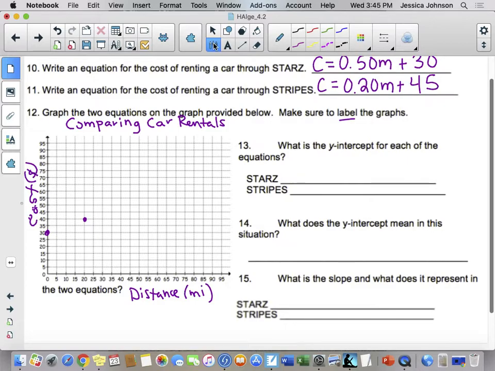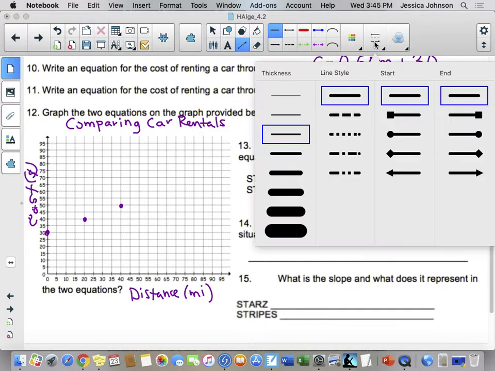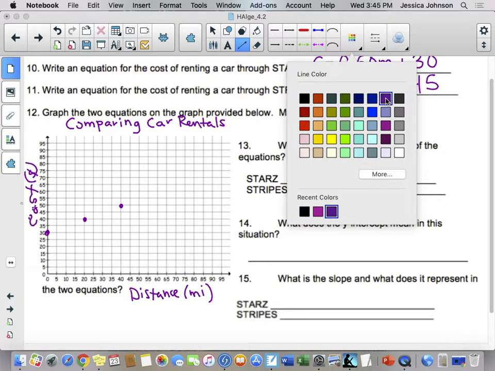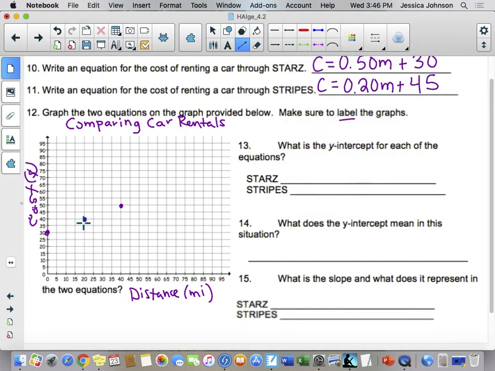If I substitute 40 in, I'm going to get 50, so (40, 50) would be another point. Okay, I'm going to make this line purple. Here's our first line. I wouldn't have an arrow on the left side, but I would have an arrow on the right side showing that the graph can keep going towards the right.